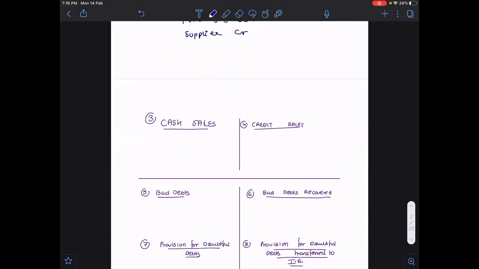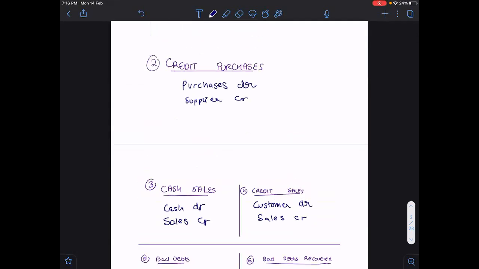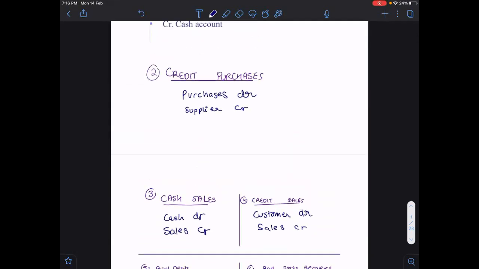Cash sales: cash debit, sales credit. Credit sales: customer debit. और जो entry pass की ना credit purchases की, तो purchases debit in which ledger वो भी बताओ. Okay. Nominal ledger. And supplier in purchases ledger.